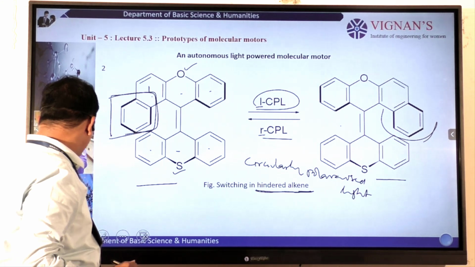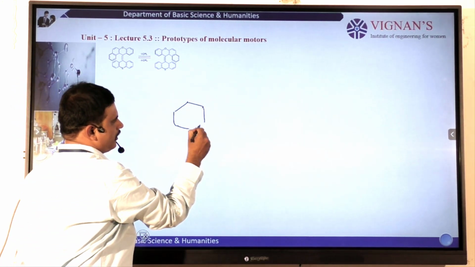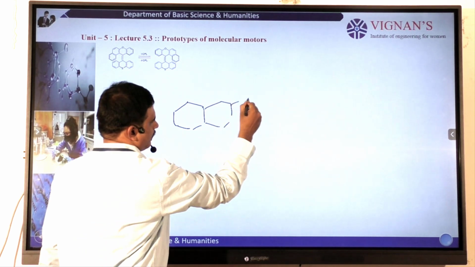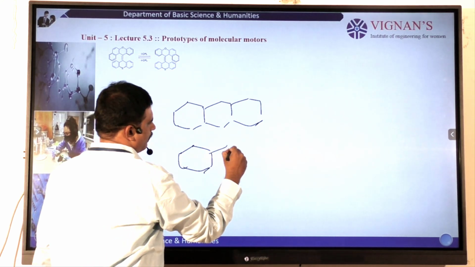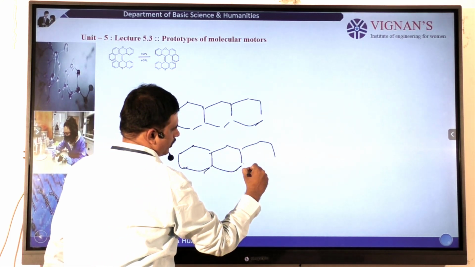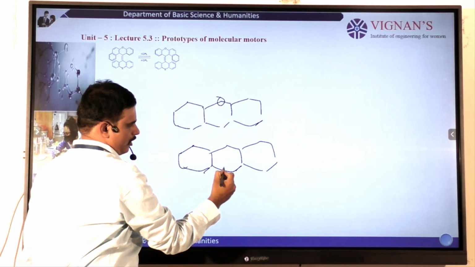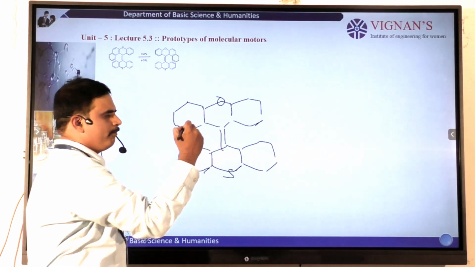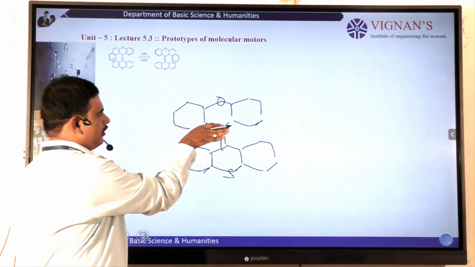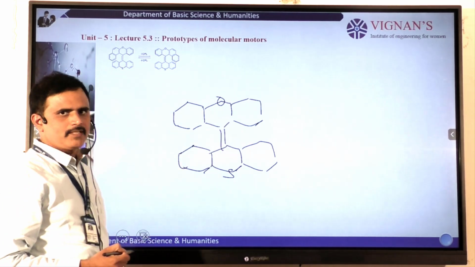Now let us see how to draw this. First, as I said, draw the 3 benzene rings. So first draw 3 benzene rings here and give one oxygen at the top side and one sulfur at the down side, and give a bond between these 3 rings as a double bond, and now fill up the double bonds in the structure.